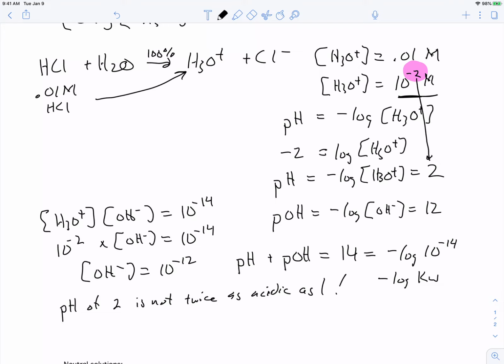A pH of 2 means 10 to the minus 2 molar hydronium. So what that means is that the hydronium is 0.01. A pH of 1 means 10 to the minus 1 molar hydronium. That equals 0.1 molar.